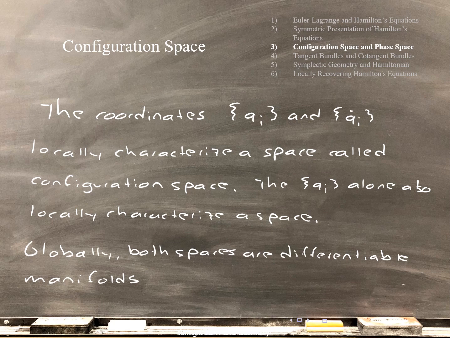So the point is that in terms of the mathematics, both of these spaces, so configuration space, which has both the coordinates and the velocities, or the generalized coordinates and the velocities locally labeling them, as well as the space of just the generalized coordinates, are going to constitute examples of differentiable manifolds, right? But in particular, we're not using the structure of a metric in this case. We're just having the differential structure so far.